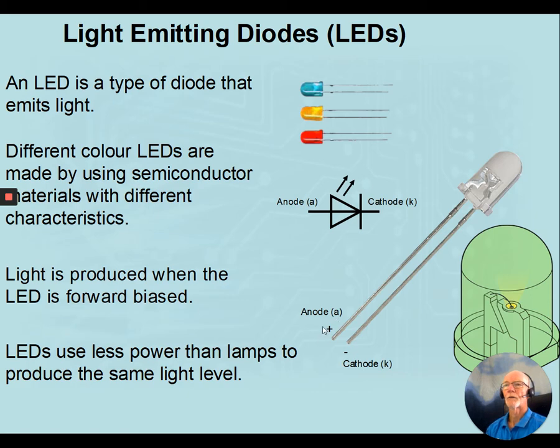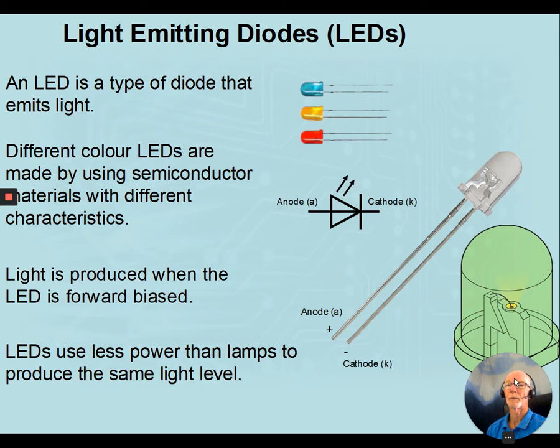We can see from this diagram here that because light-emitting diodes only pass current in one direction, we need to know which way around they are in a circuit. As with most semiconductors, or any component in fact, if one leg is longer than the other, that normally indicates that it is the positive or the anode part of the device, and the shorter one being the cathode.